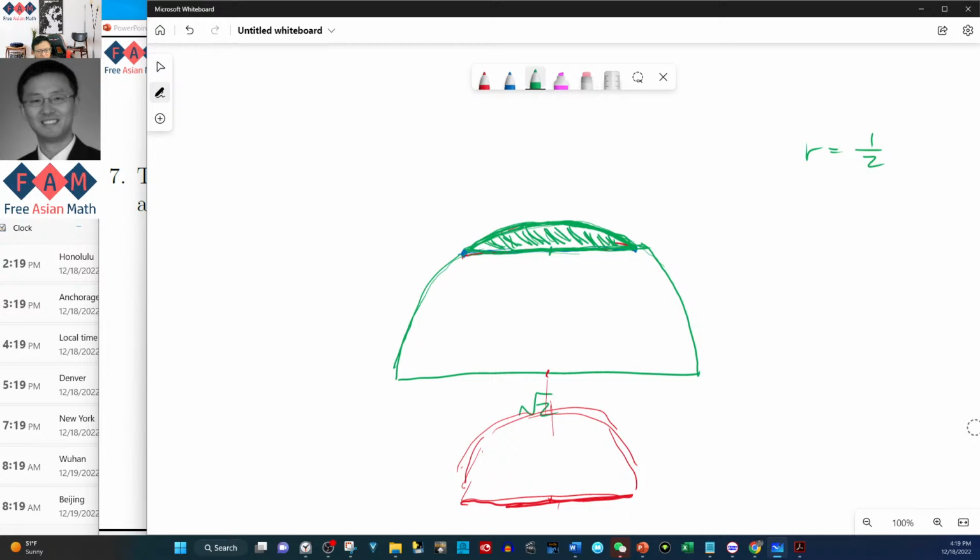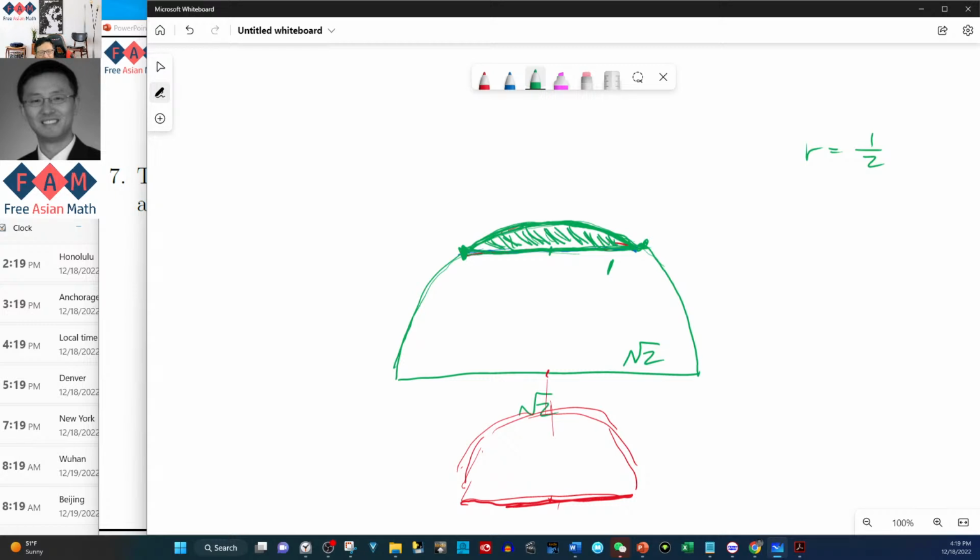If I just give you this figure, can you really figure out the green shaded area? That is completely decided by what those 2 points are, right? Those 2 points give us an arc with a chord of length 1, and we know the big semicircle's radius is square root of 2 over 2. But what this does is give you 2 points on the semicircle.